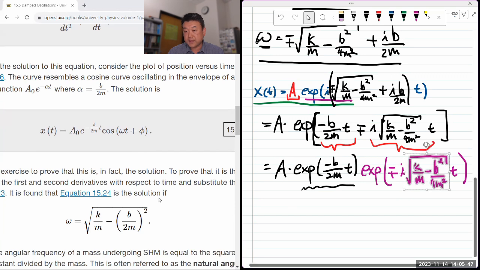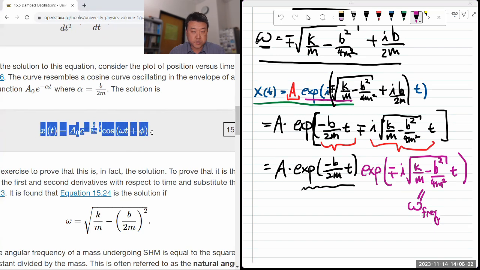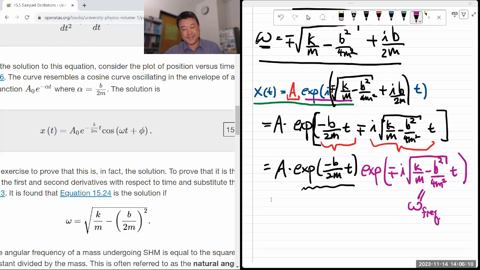This is the omega that they said it would be. So with identifying this as the omega, the frequency of oscillation, the solution we get here is exactly the same as this solution here, the complex exponential version. And I did this in like 15 minutes, and I could have done it faster if I didn't explain things.